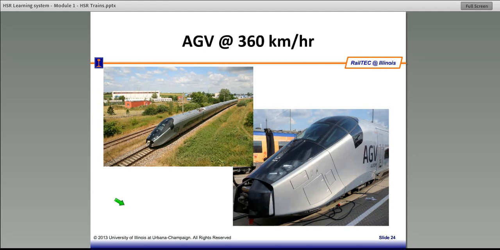However, after the year 2000, ICE design, ICE1 and ICE2, are both push and pull. But then Siemens changed the ICE3 to the power distributed train. So Germany started converting its push and pull trains to power distributed trains.